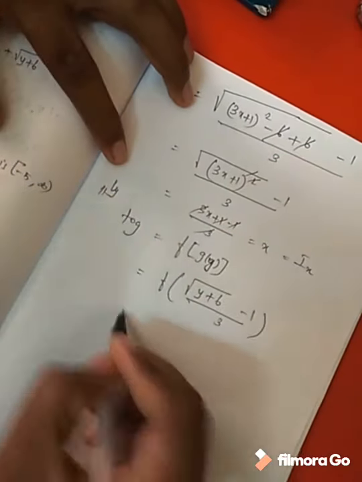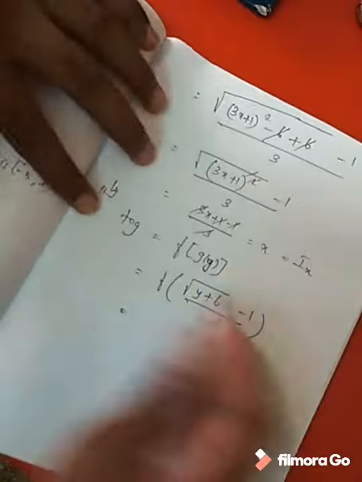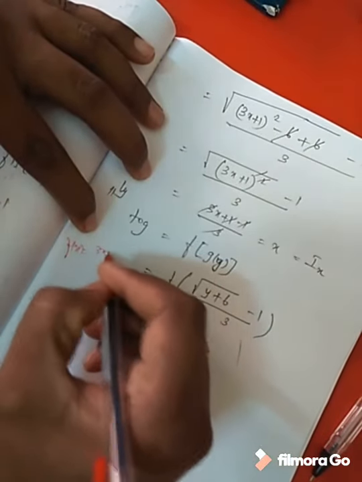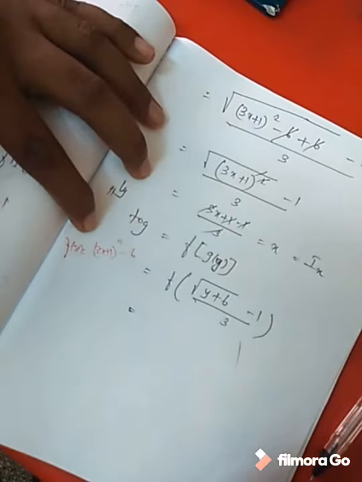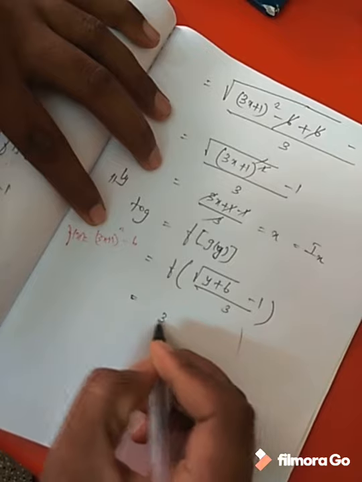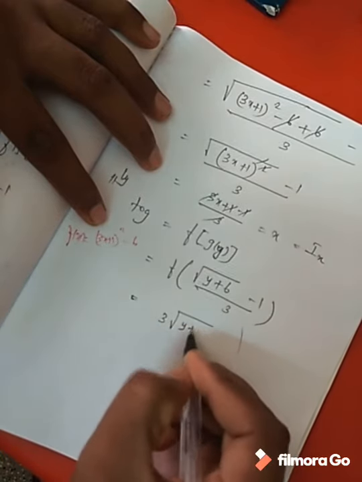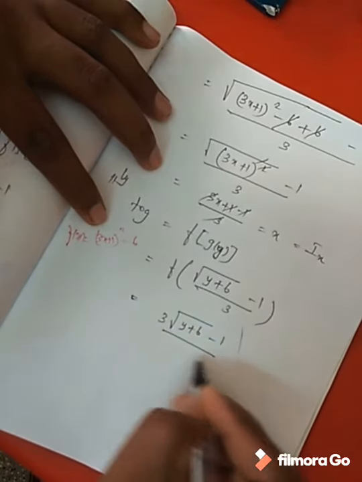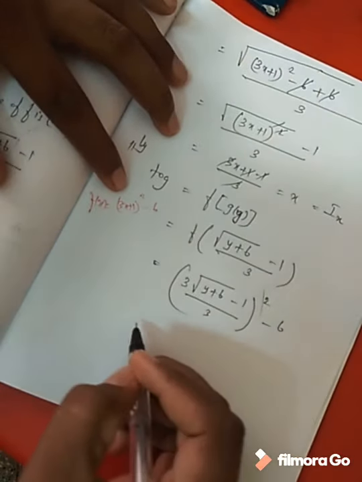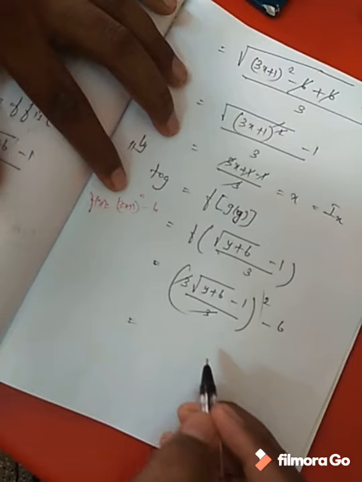So I can apply this in f of x. I know that f of x is 3x plus 1 the whole square minus 6. So if I substitute, 3 into (root of y plus 6 minus 1) whole divided by 3, plus 1, the whole square minus 6, the 3 will get cancelled.